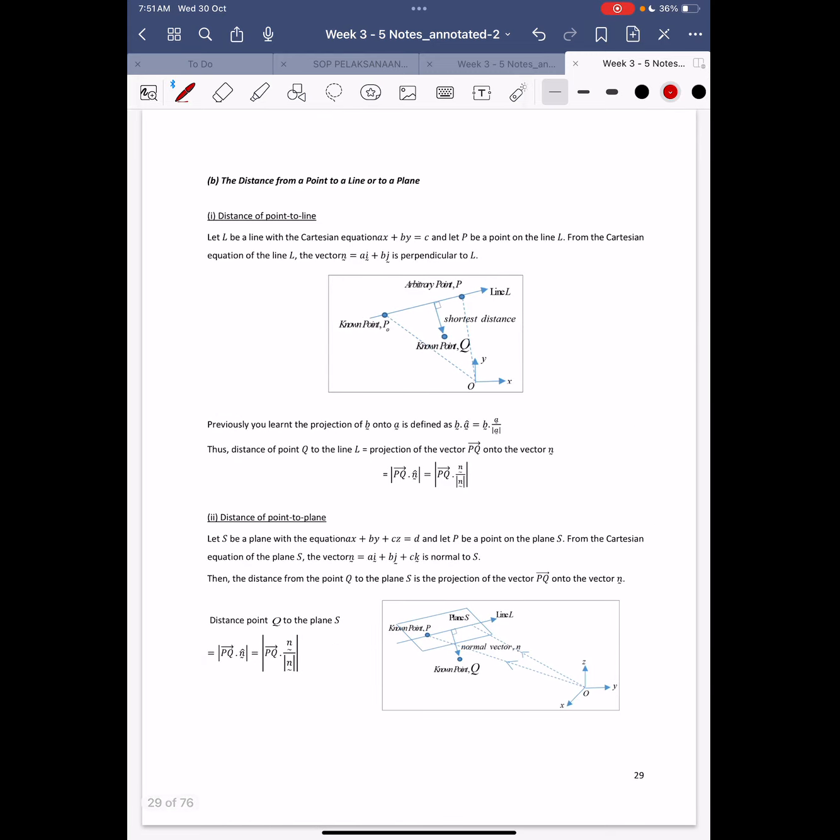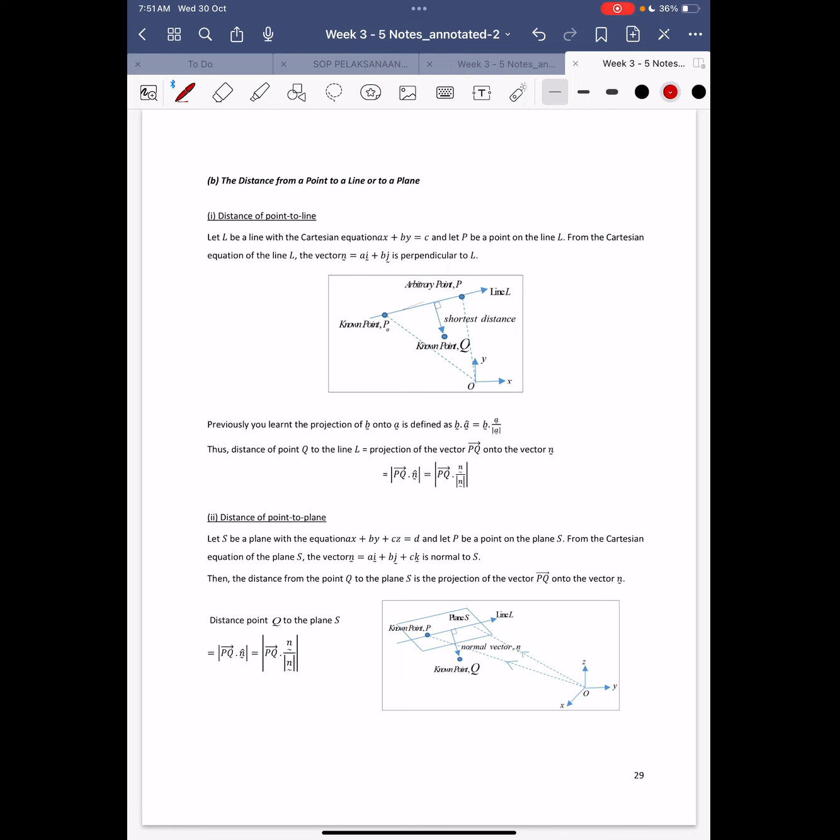Alright, now I go to the point to line distance, and also the distance between a point and a plane. Alright, let's look at the line first.